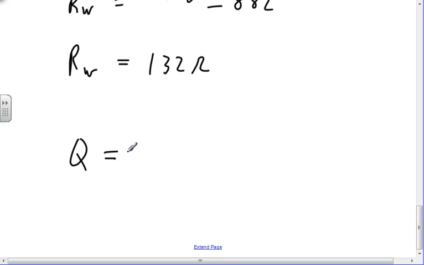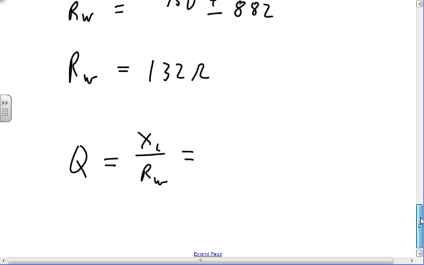Q is X sub L over RW. Anybody remember what X sub L was?